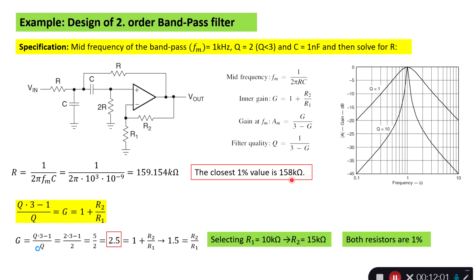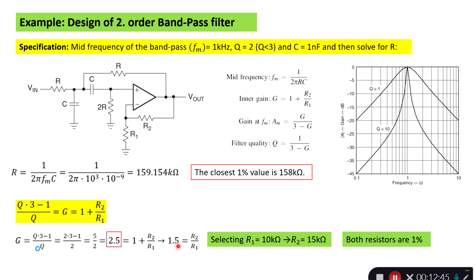And then based on that, we have a Q of 2, and then we can find out what the inner gain should be. Based on the requirements for the Q of 2, we solve for that. We replace in this equation Q with 2 and find out it's 5 over 2, that's 2.5. Then we make it equal to this equation and solve for the ratio between R2 and R1.